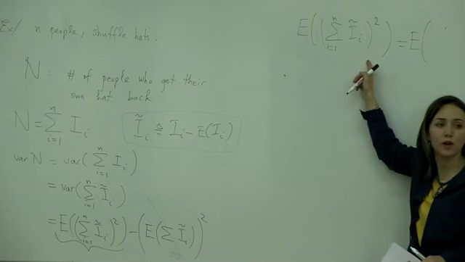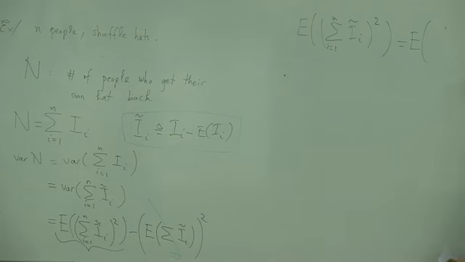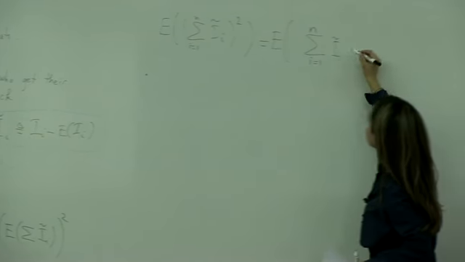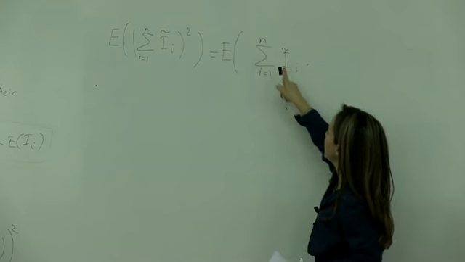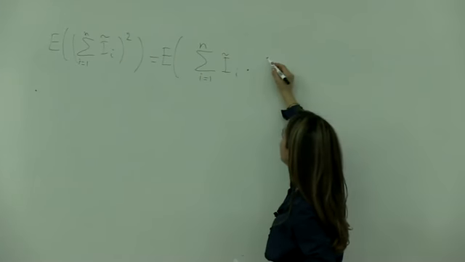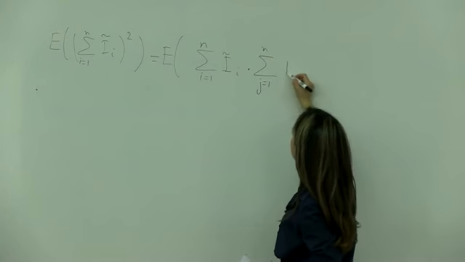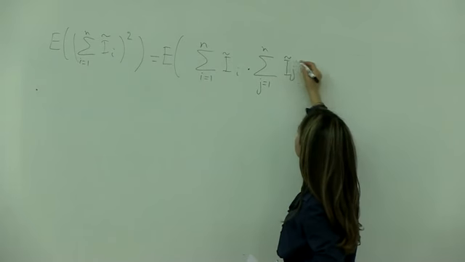Let's expand the square inside, okay? Let's go slowly and write this as summation i from 1 to n of I_i tilde times summation j from 1 to n of I_j tilde.